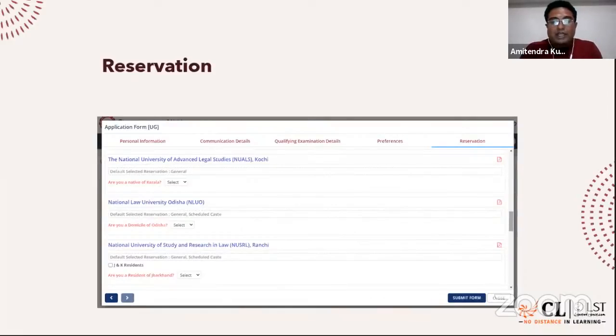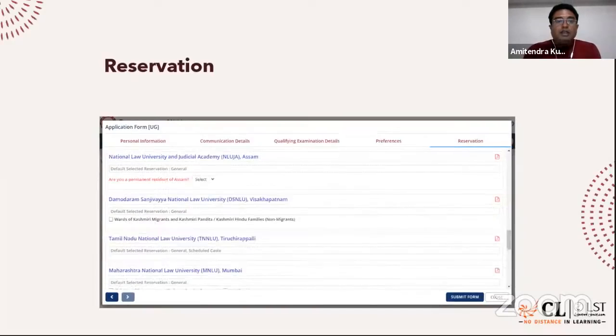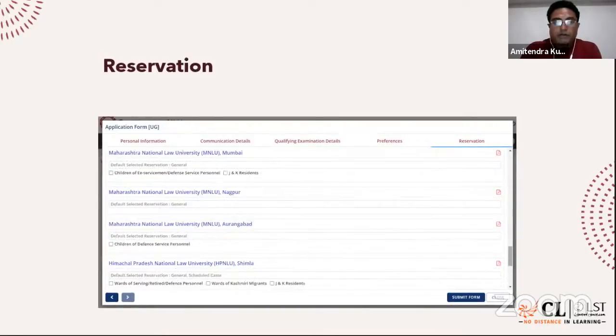So you must accordingly select from the drop down. The moment you select yes, it will prompt you whether you fulfill the criteria or not. When it comes to Assam, a similar question will appear. When it comes to Vishakhapatnam or Tiruchirappalli, a similar question will appear.